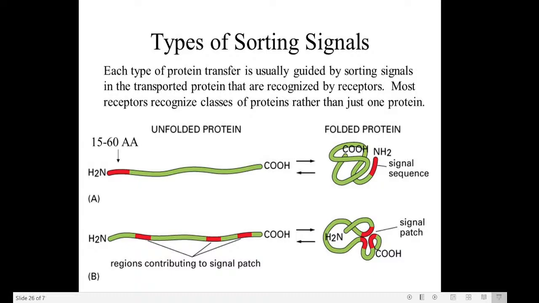Okay, in protein sorting, if there is a need in the cell, it folds and unfolds. Here the unfolded protein has only one signal region, present at the amino acid end, and during the folding that directs the signal to one particular region alone.